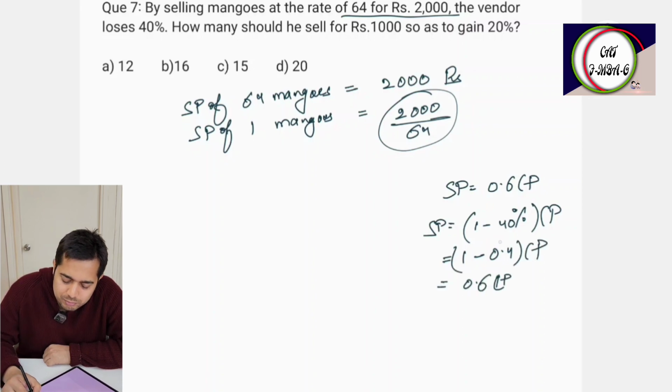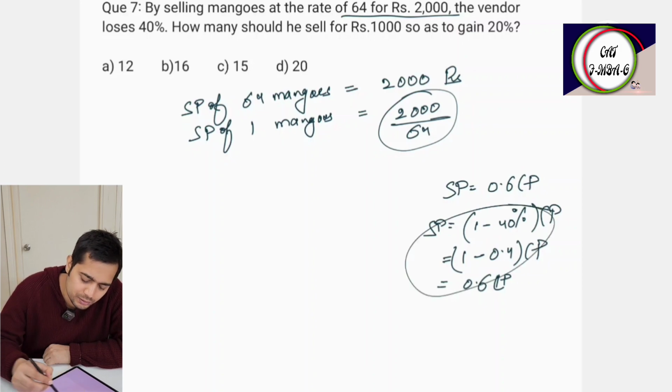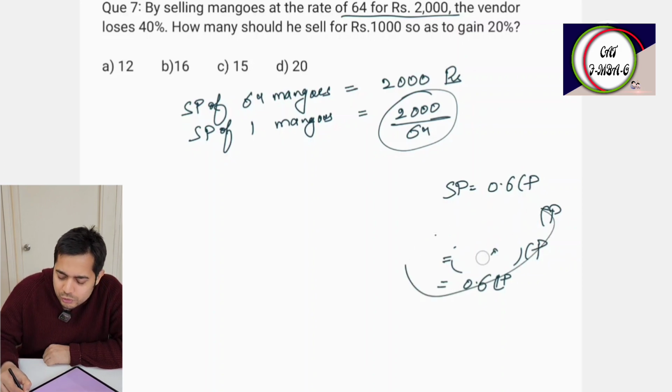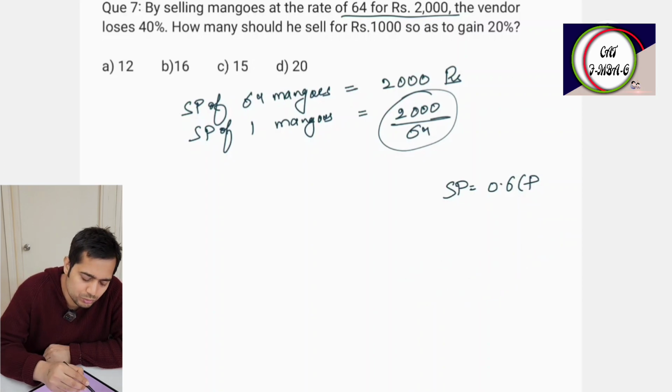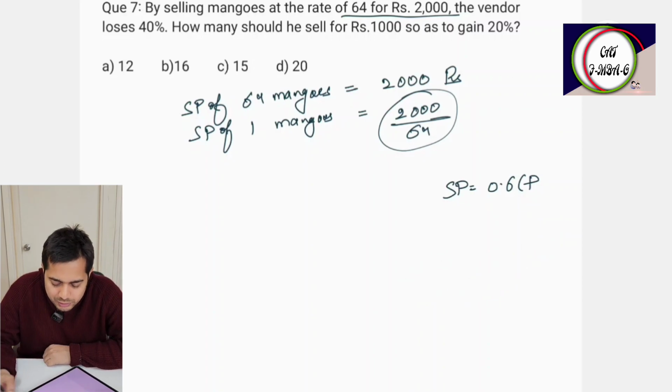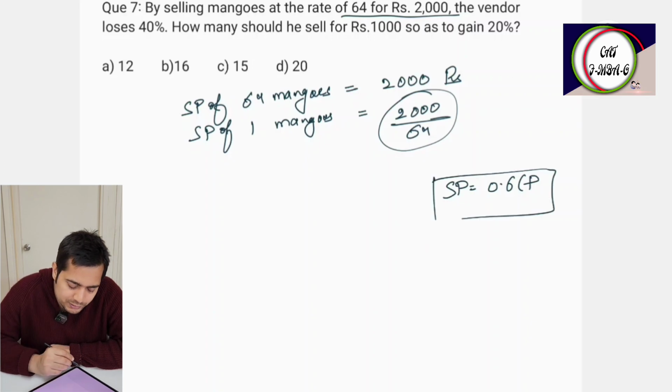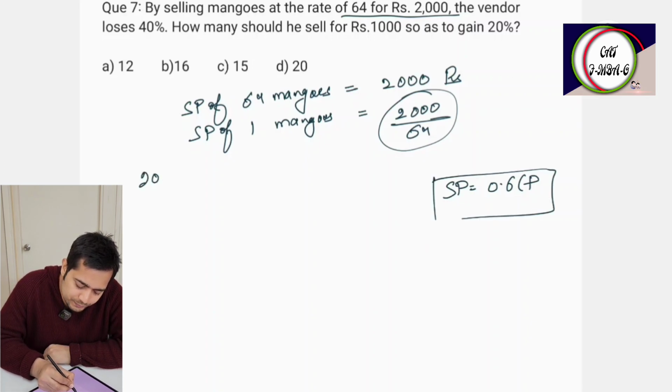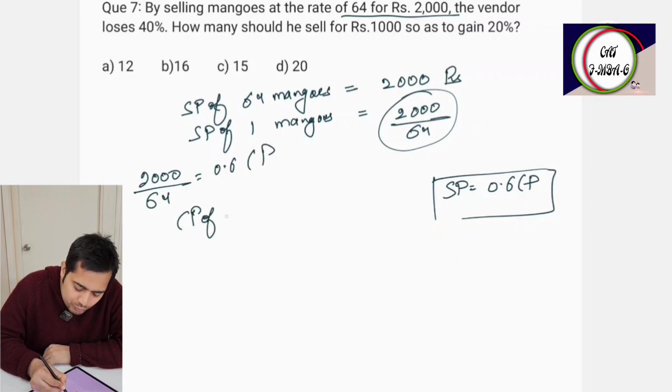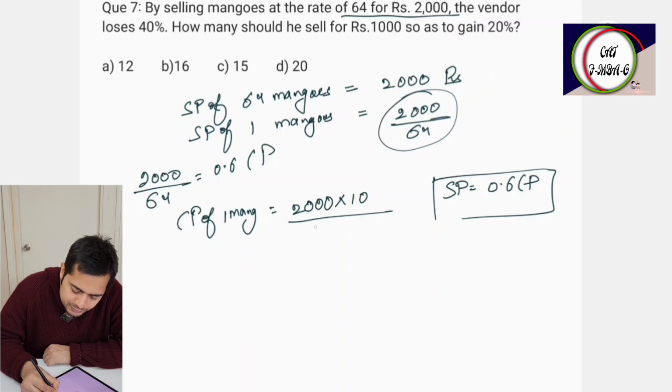This is the lengthy way. This should be in your mind. You should be able to do these things mentally if you are going to attempt the entrance questions. So selling price is equal to 0.6 CP. So 2000 by 64 is equal to 0.6 into cost price. So the cost price of one mango is equal to 2000 into 10 divided by 6 into 64.